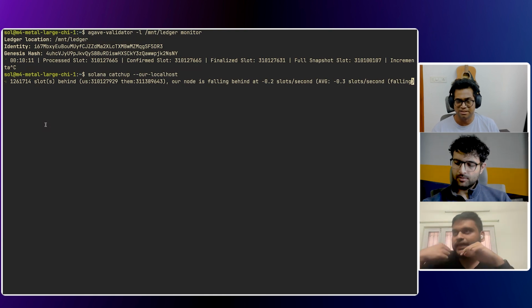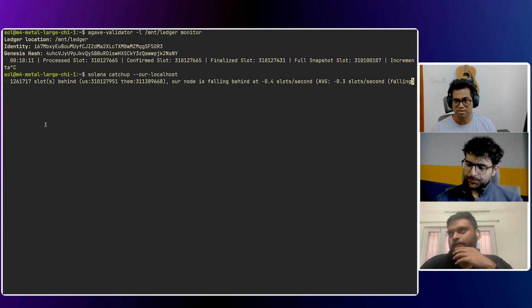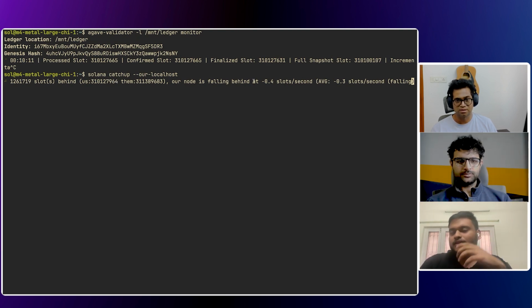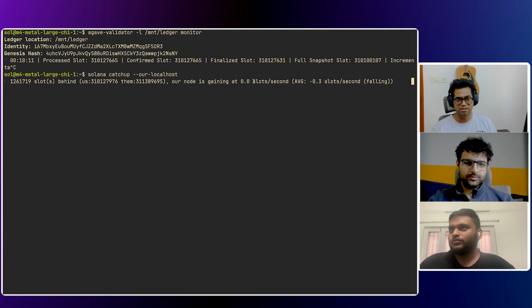So it has to update the state as well, right? It pulls up the slot, it updates its state. You have to do this again and again while the current network is proceeding forward. So this node is falling behind. You have a car moving ahead and you have to keep pace with that. Oh, got it. You have to recompute everything and save to the local state.